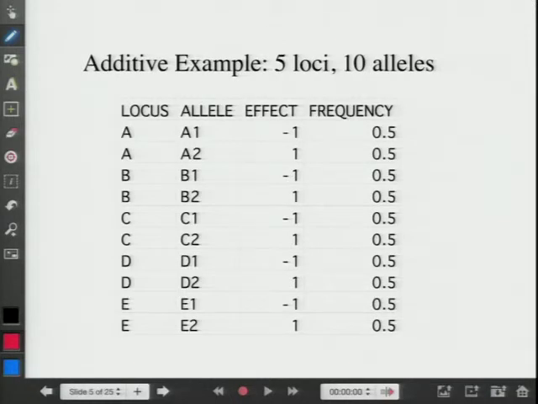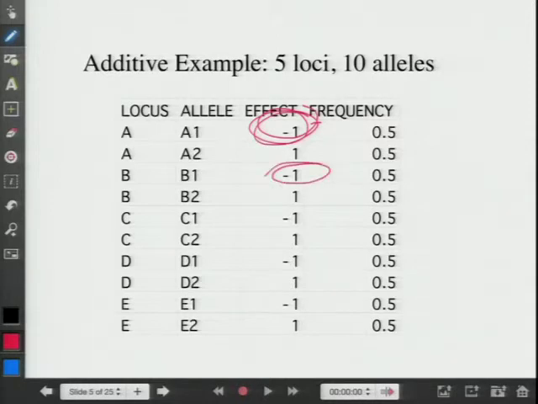So I've made this little contrived example where you have 5 loci affecting some trait. Each has 2 alleles, so you have 10 alleles total. What they do is affect the relative growth of some kind of trait, where allele 1 has a negative effect. Like if you're growing a leg, allele 1 will make your leg a little bit shorter.